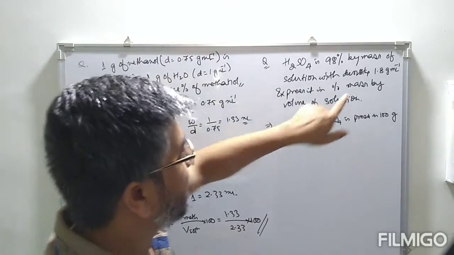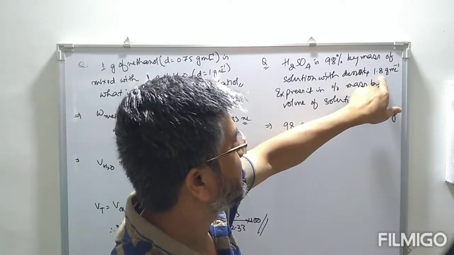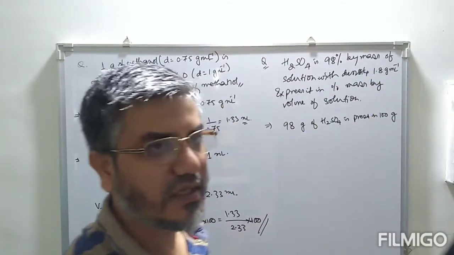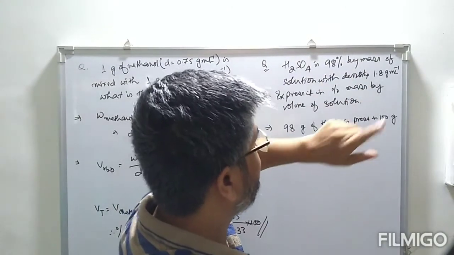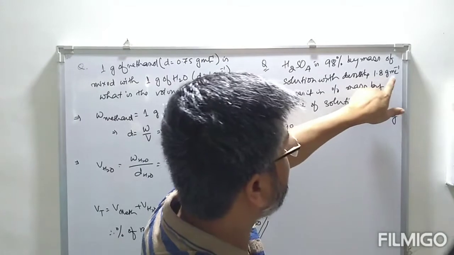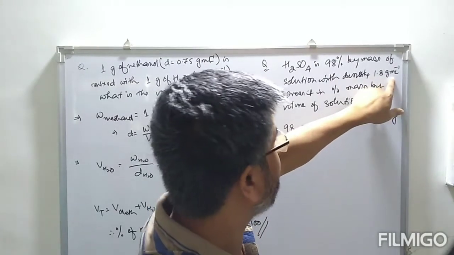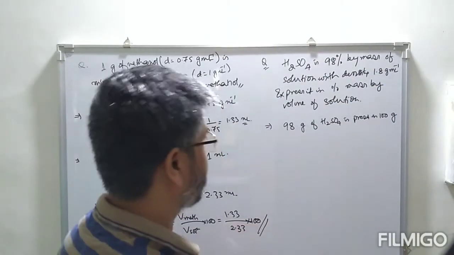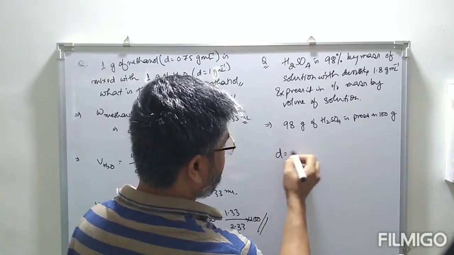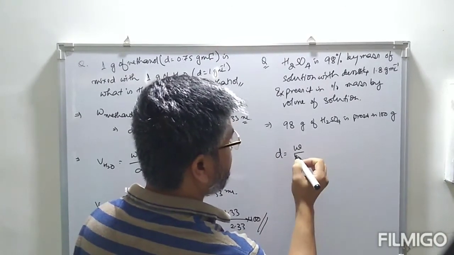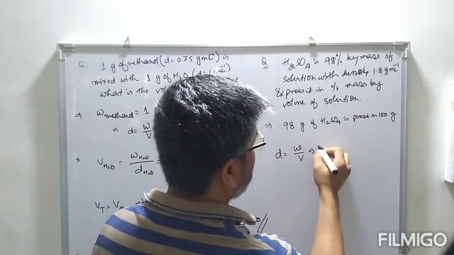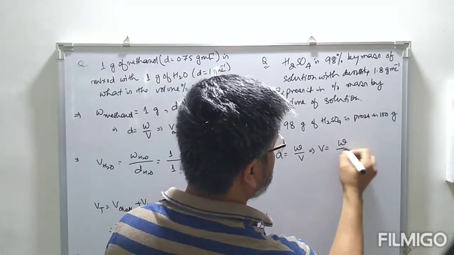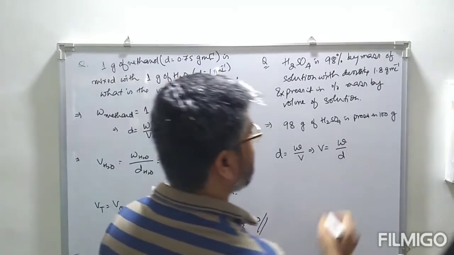Now density of solution is given as gram per ml. So density of solution is 1.8 gram per ml. So we have to convert this in terms of volume. Density is mass divided by volume. So therefore, volume is equal to mass divided by density.